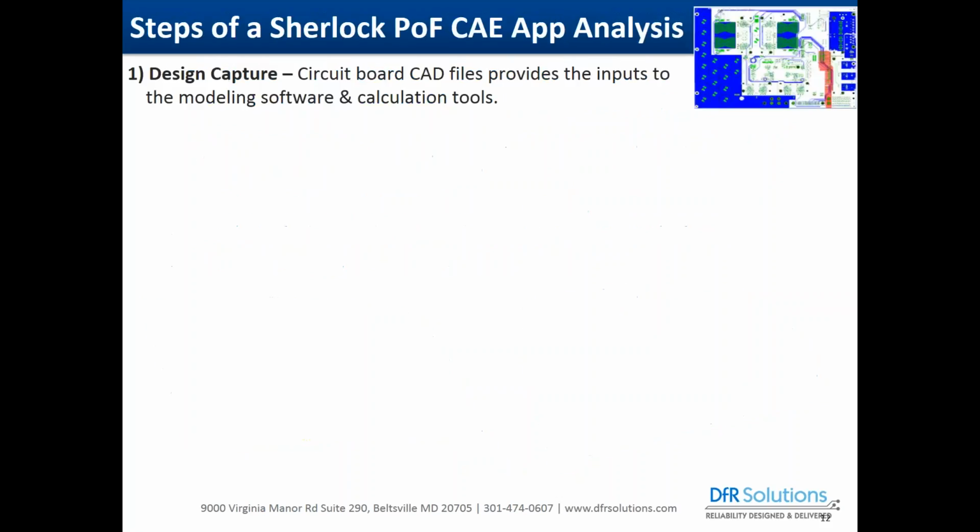You then provide the information about the conditions the design needs to endure, and it goes from there. To show you that, the way we create the model is we have a design capture feature where the standard circuit board design files in either the traditional Gerber format or the new circuit board manufacturing data archive, the ODB++ format, can be imported into the program along with the part BOM list and the circuit board fabrication drawing.